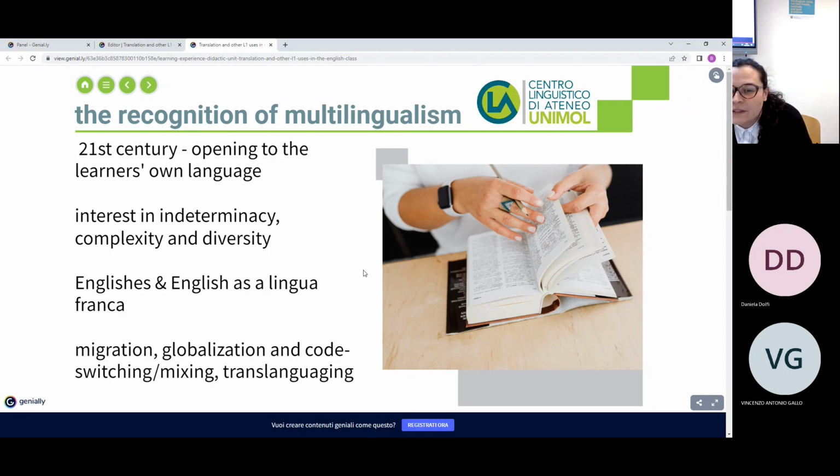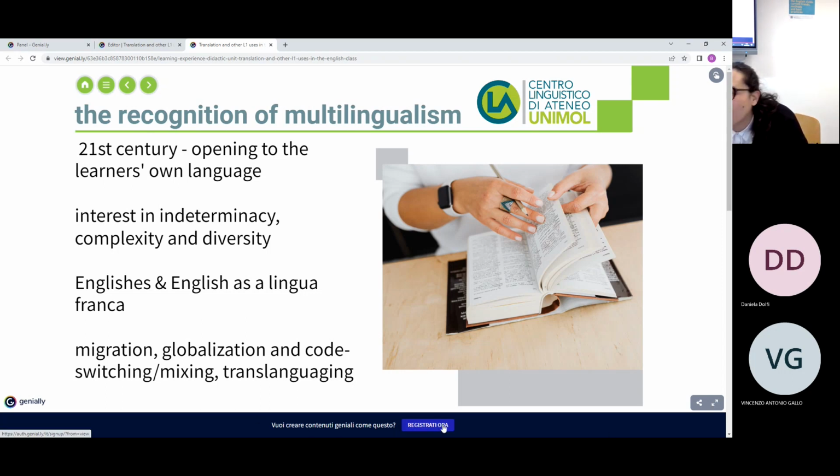So translation is only one way of using the L1 in the English class, which during the first decades of the 21st century also was being kept at a distance. Ancora nella prima decade del XXI secolo la traduzione veniva tenuta a distanza o comunque guardata con un certo sospetto. Perché? Why do you think?